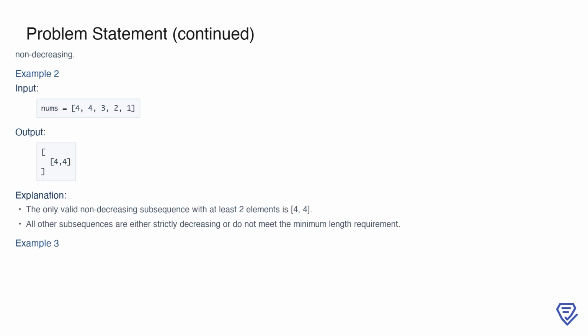Similarly, combinations involving the numbers 2 or 1 cannot form valid subsequences because their relative order in the array breaks the non-decreasing condition. This example demonstrates that in some cases, the constraints of the problem may limit the number of valid subsequences significantly. Let's look at one more example with the input array nums equals 1, 2, 3.